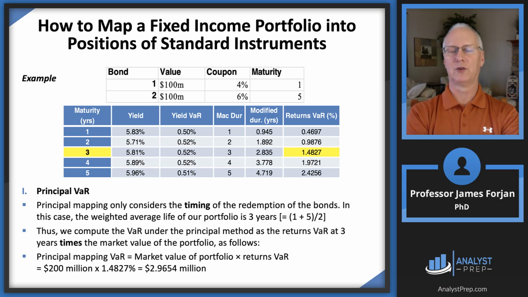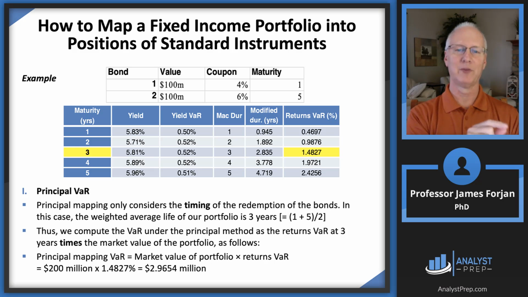Our portfolio is worth 200 million. It's an equal weighted portfolio. So what we're saying is that having a $100 million 1-year bond and a $100 million 5-year bond is exactly like having a $100 million 3-year bond and another $100 million 3-year bond.